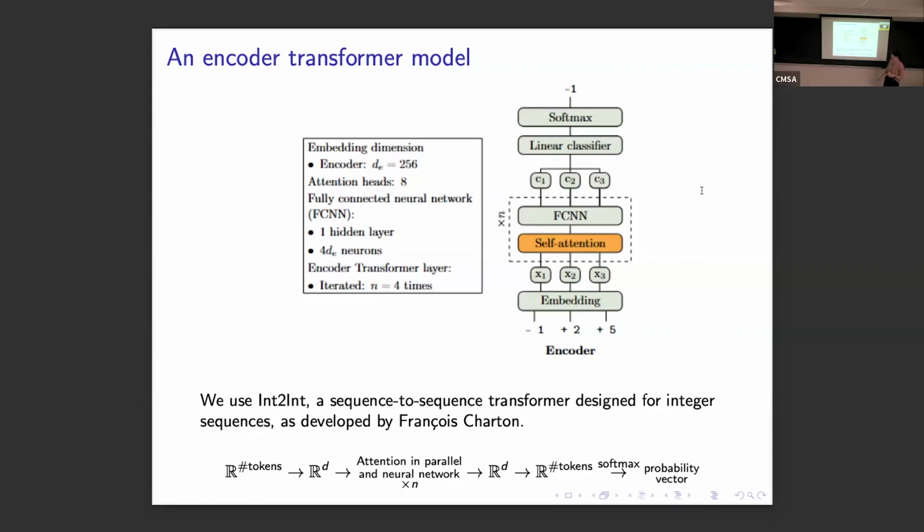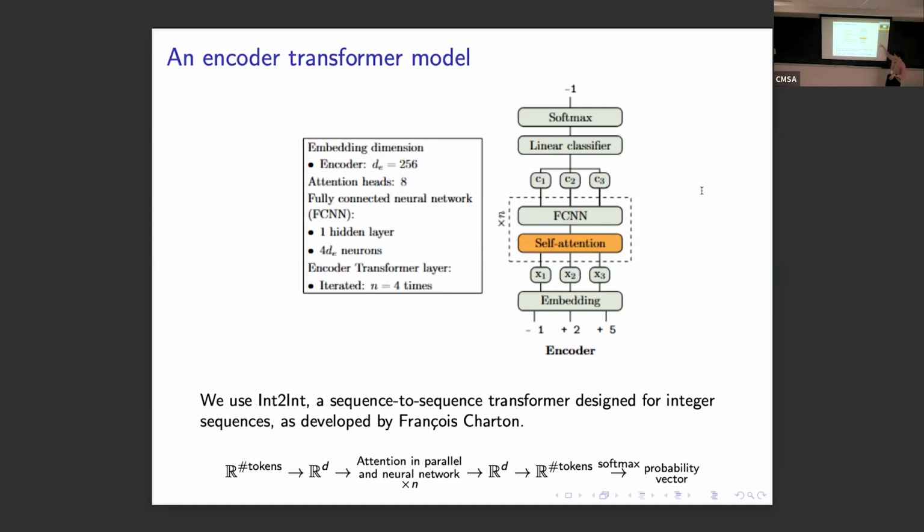So usually, for the LLMs used for GPT and whatnot, you have a very large number of tokens. So you have a very big space, R to the number of tokens, that then gets condensed into a way smaller space, R to the D. In our case, we just used the default. So actually, the dimension D was 256, which is way bigger than we even really needed.